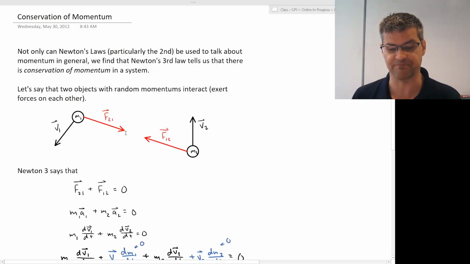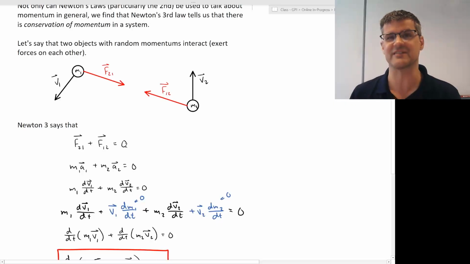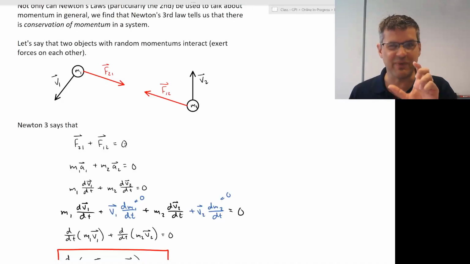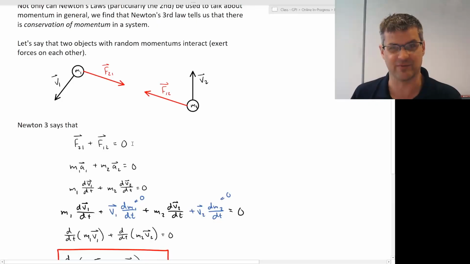So Newton's third law says if I was to take those two forces associated with the force pair and add them together, that has to be equal to 0. This is the same thing as saying the force of object 1 on object 2 is the same as the force of object 2 on object 1, the same magnitude, opposite direction. So I'm just basically moving one of those terms to the other side. If I add those two forces together, I have to get 0.